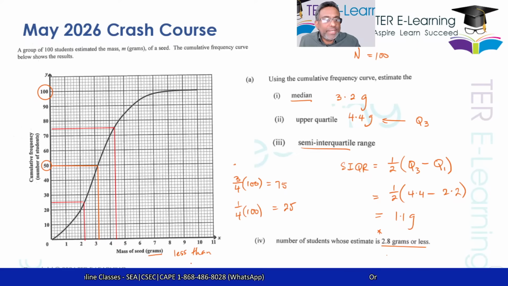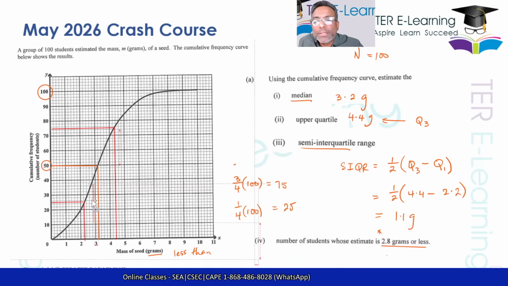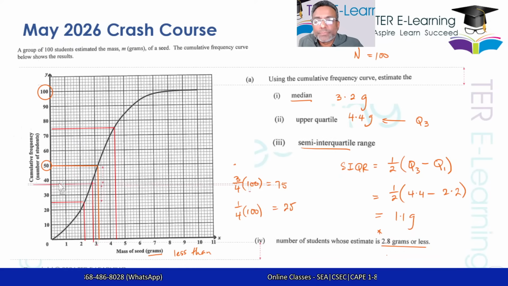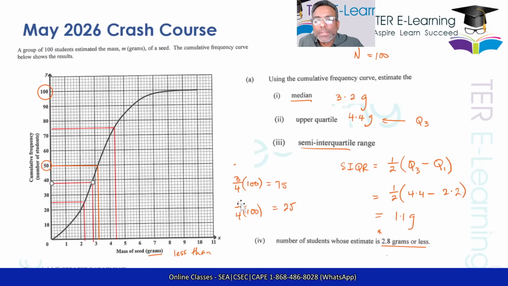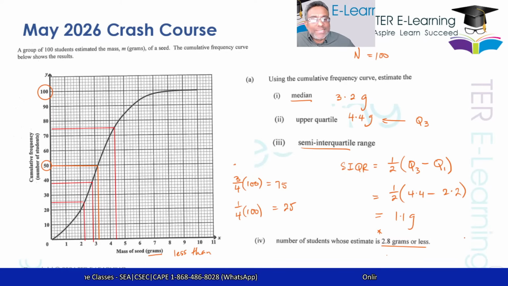So I need to read off at 2.8. You go back to the graph and draw a line at 2.8, around here. You need to read that off there. So that's about 38 students.